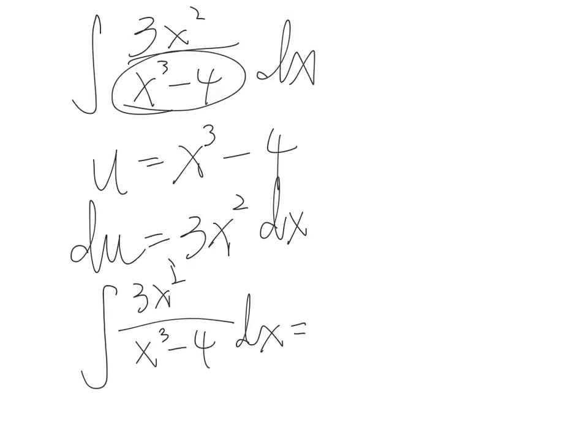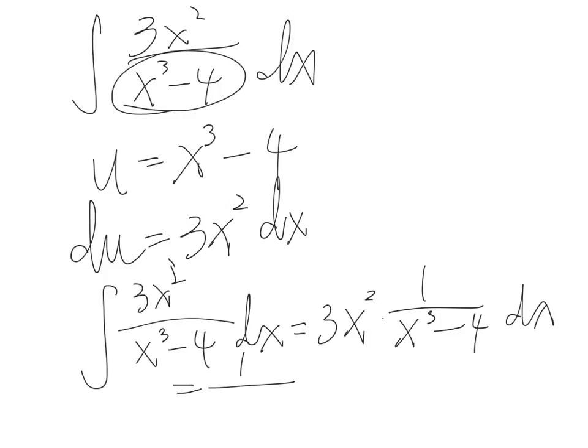Now we can rewrite this in the form of 3x squared times 1 over x to the third minus 4 dx. To see it more clearly, it is actually 1 over x to the third minus 4 times 3x squared dx.